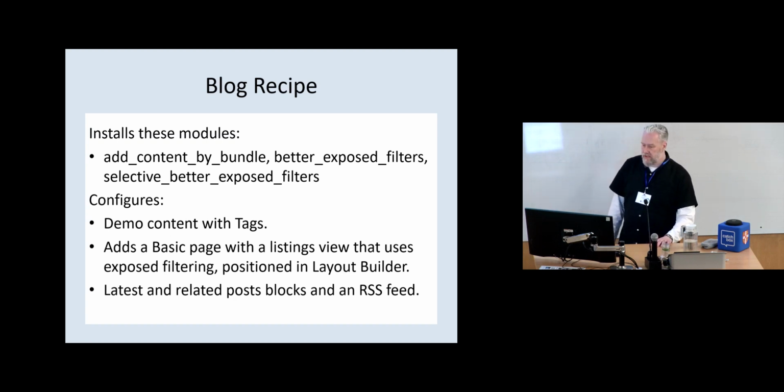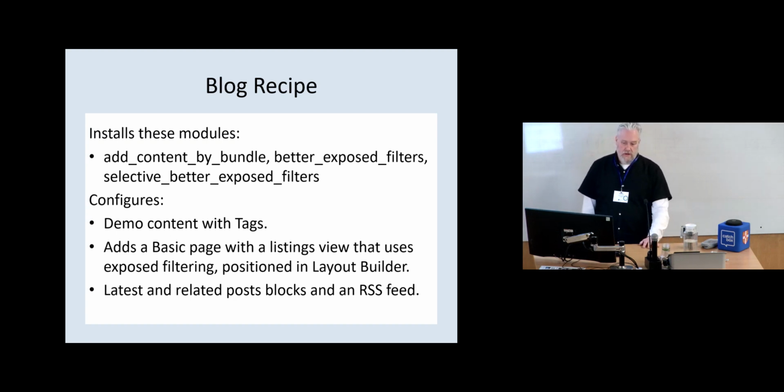But the blog recipe comes with better exposed filters. If you were in the search talk earlier, selective better exposed filters was a module I was going to suggest to them, which kind of changes exposed filters a little bit. But basically you get some demo content with tagging already in place.